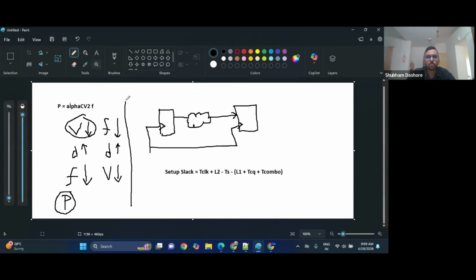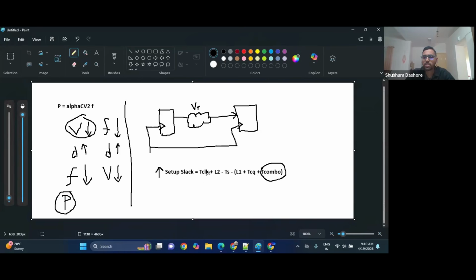Now suppose this is a critical path. The cell we are using has a threshold voltage, VT. If we reduce the T combo, the setup slack will increase. There might be a setup violation, and if so, we need to increase the setup slack.